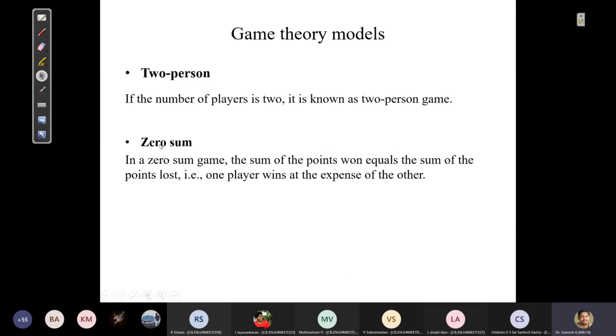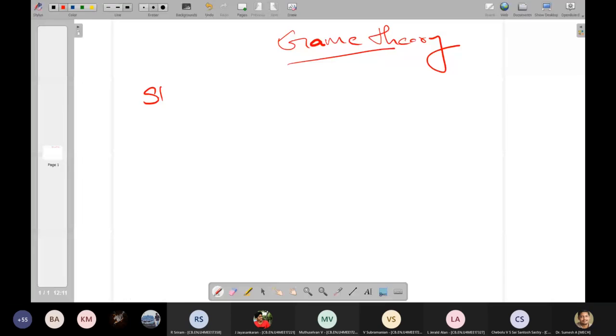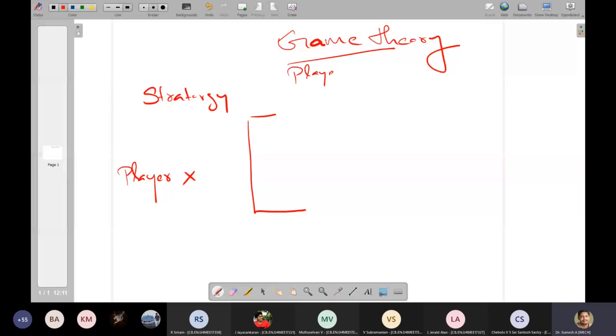So this is strategy. This is player X and this is player Y. There are two strategies available for both persons, strategy 1 and strategy 2.